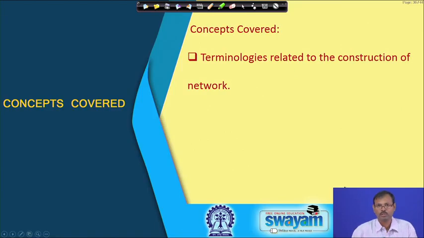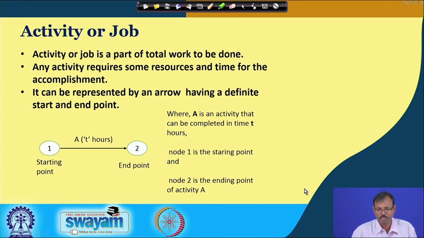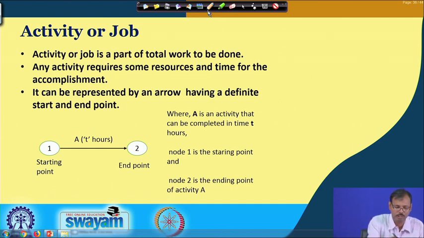So, in this lecture we will learn the different terminologies used in network analysis. How these terms are a little bit different, that is why we use different terminology. Basically you know a network comprises n number of activities. Any unit operation is basically called an activity or job.